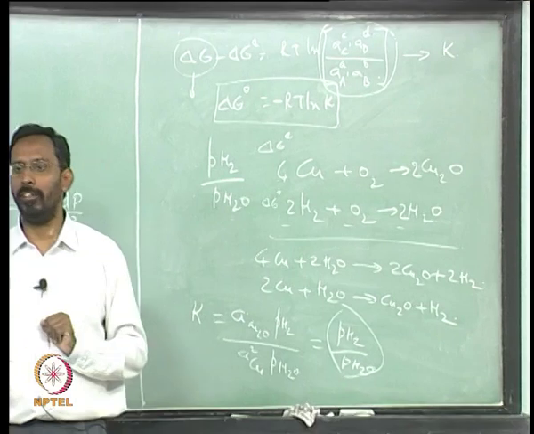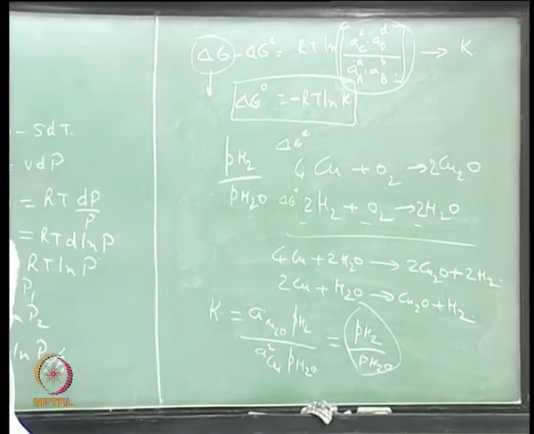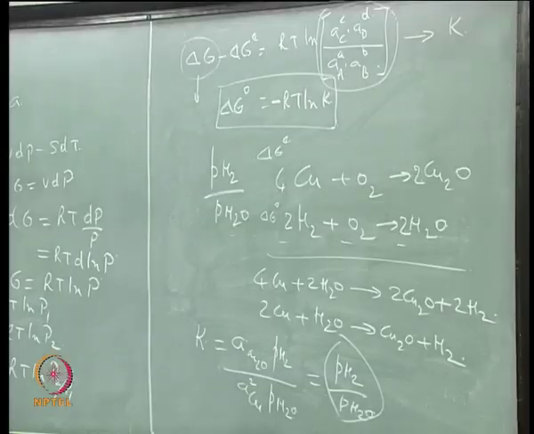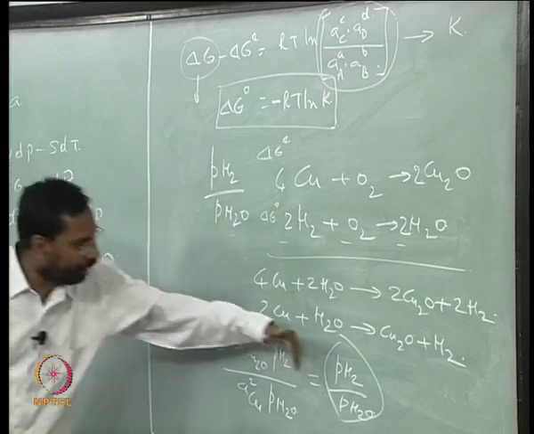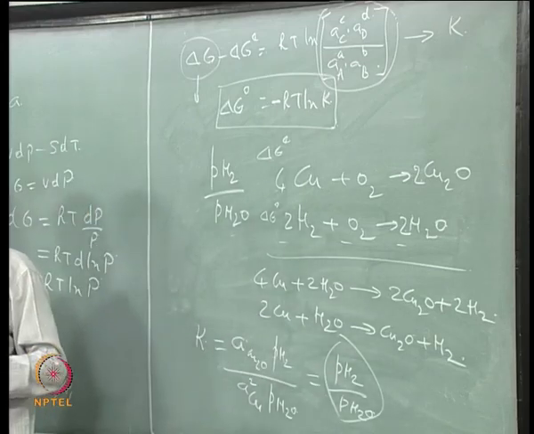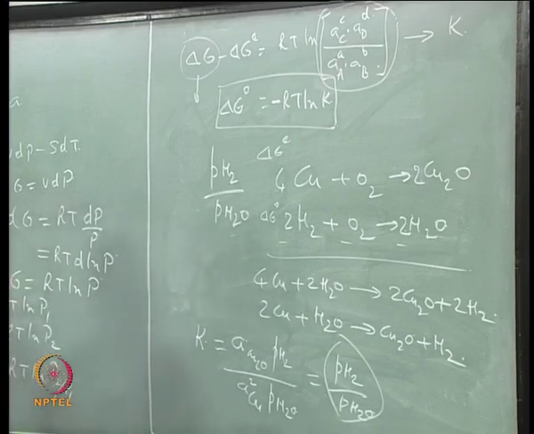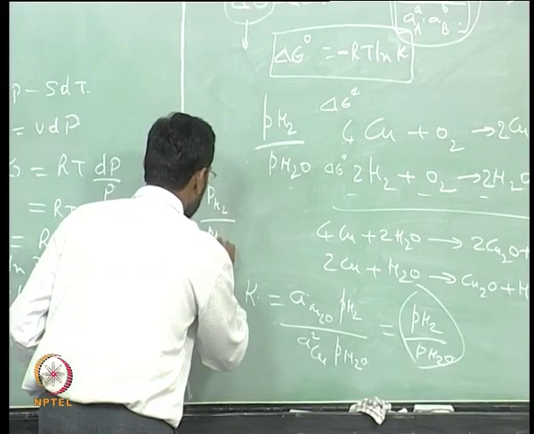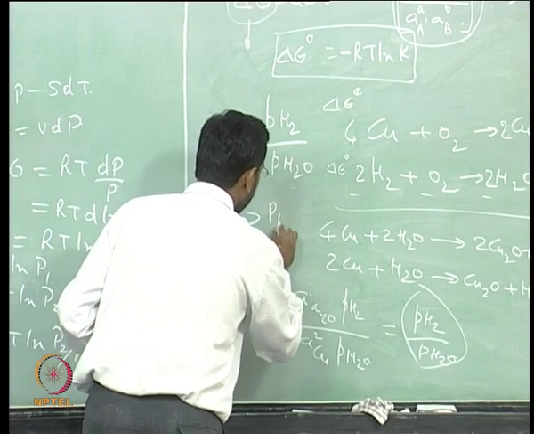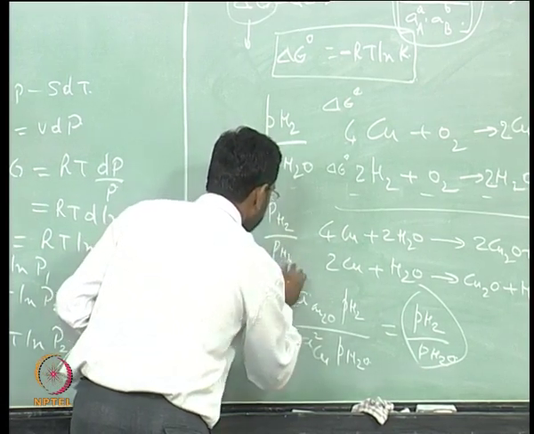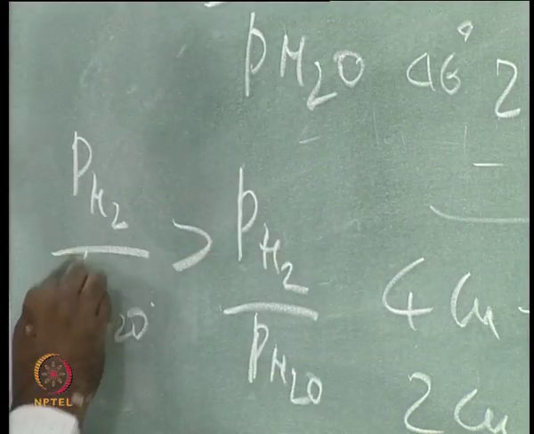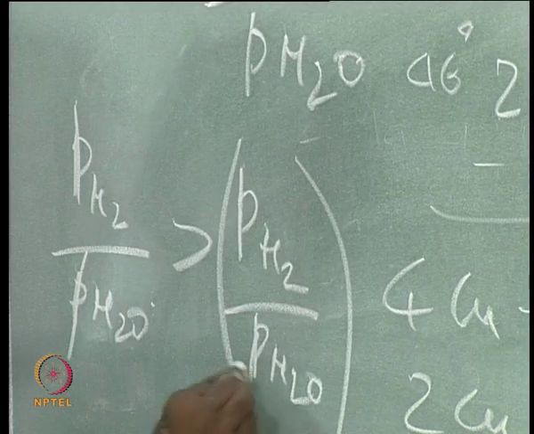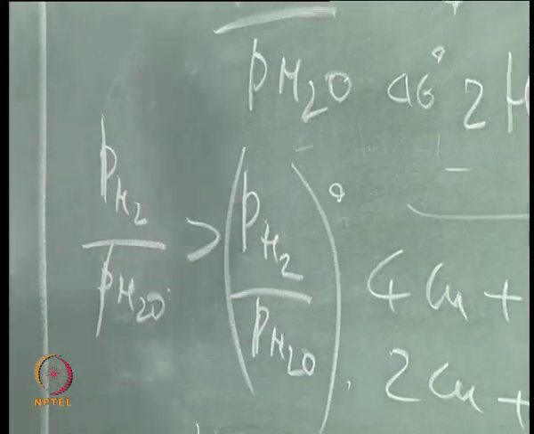So I will know the equilibrium, and once I know the actual value of pH2 by pH2O in the furnace, if that actual value of pH2 by pH2O is greater than this value, what does it mean? I have an excess of hydrogen in the furnace. When I say the actual pH2 by pH2O is greater than the equilibrium pH2 by pH2O, remember always use partial pressure as small p, relative to the standard state.